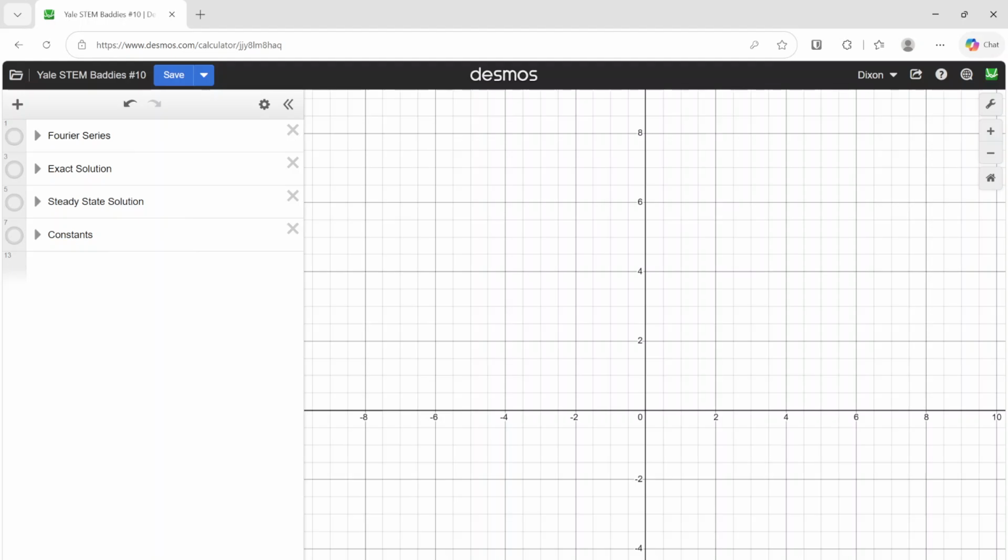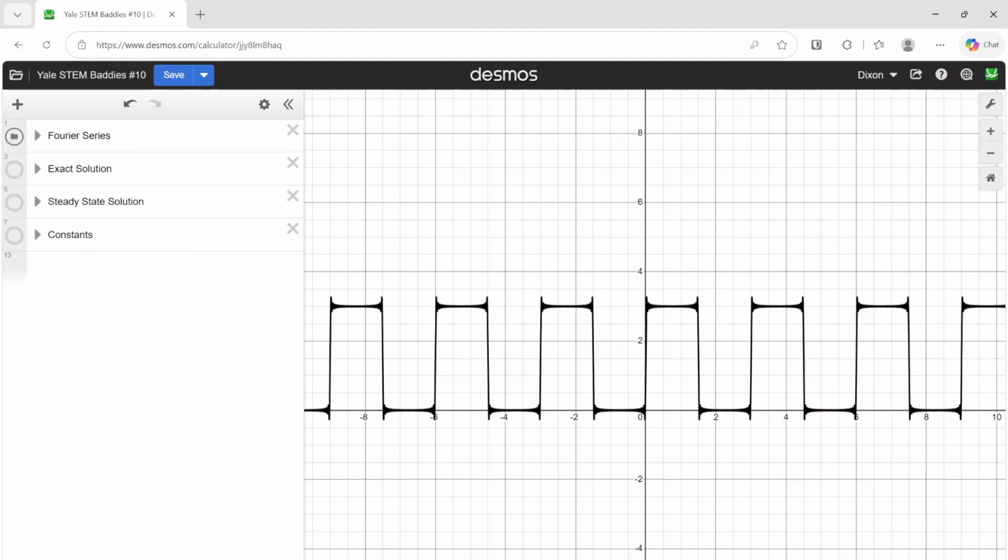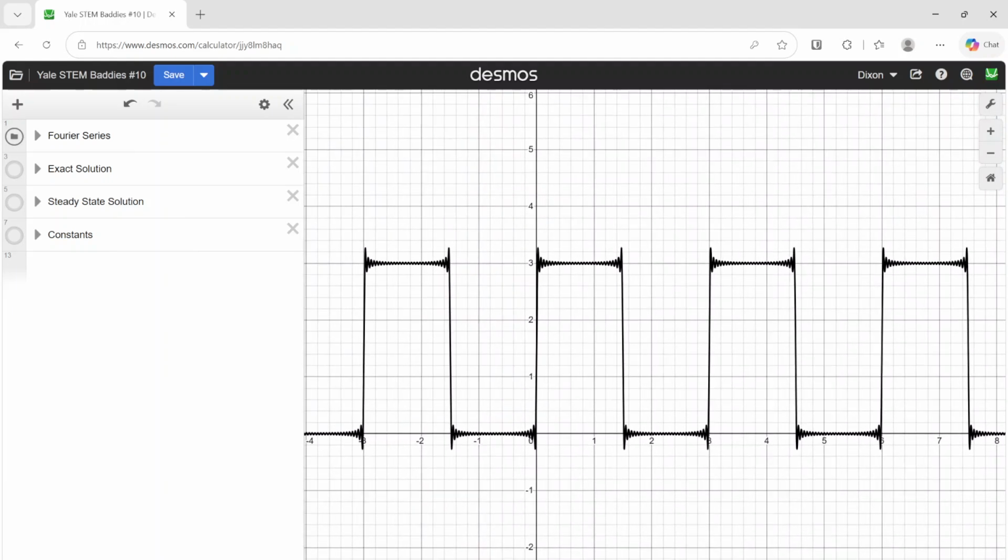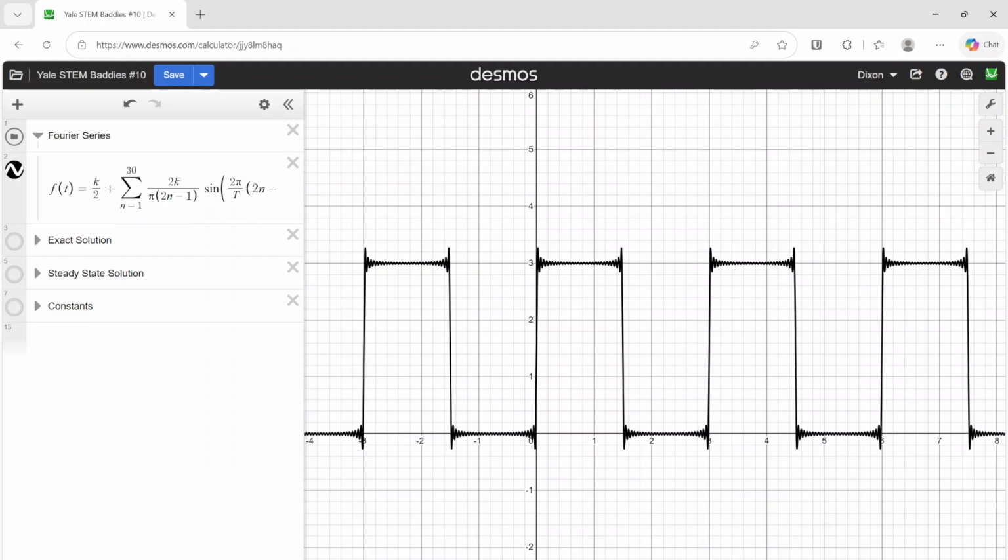First of all, let's turn on our Fourier series. This is the Fourier representation of our square wave, our input signal. It's the square wave that we were initially inputting, represented as a sum of sine waves, a sum of odd sine harmonics.